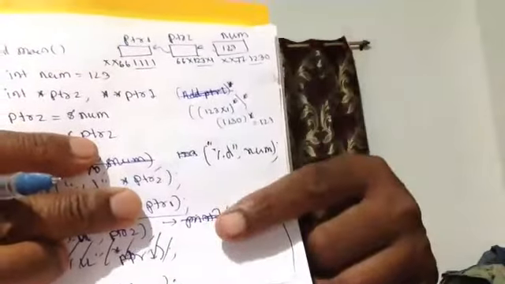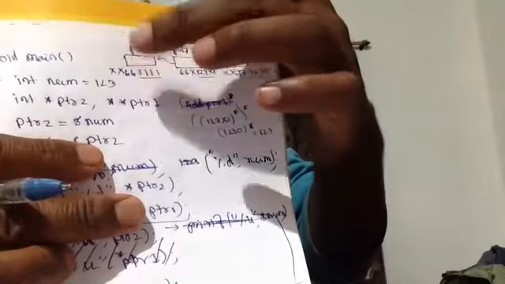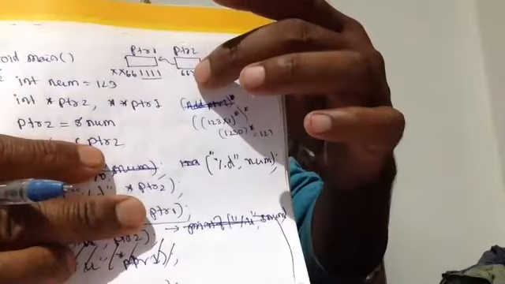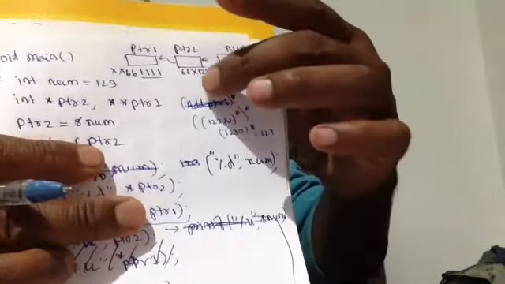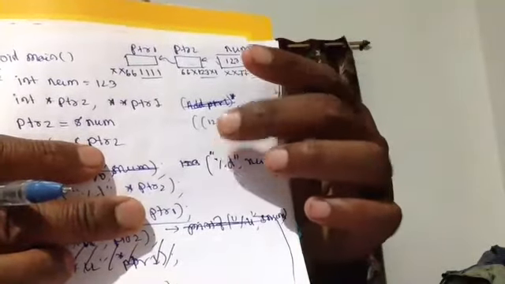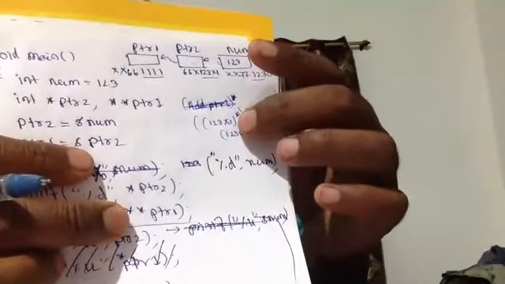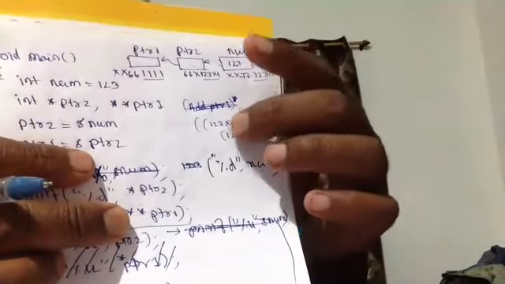So if I don't put this star, then what is ptr1? ptr1 means the content of this. What is the content? Address of this, isn't it? Yes, sir. What is the address? x1, the last three digits 123. If I take the double star, and I remove the first star, it means the content of this address.